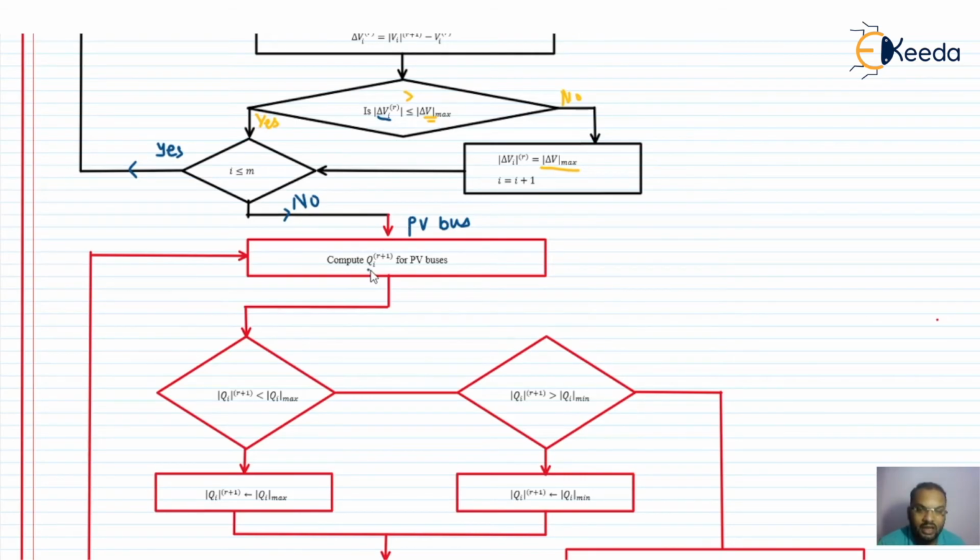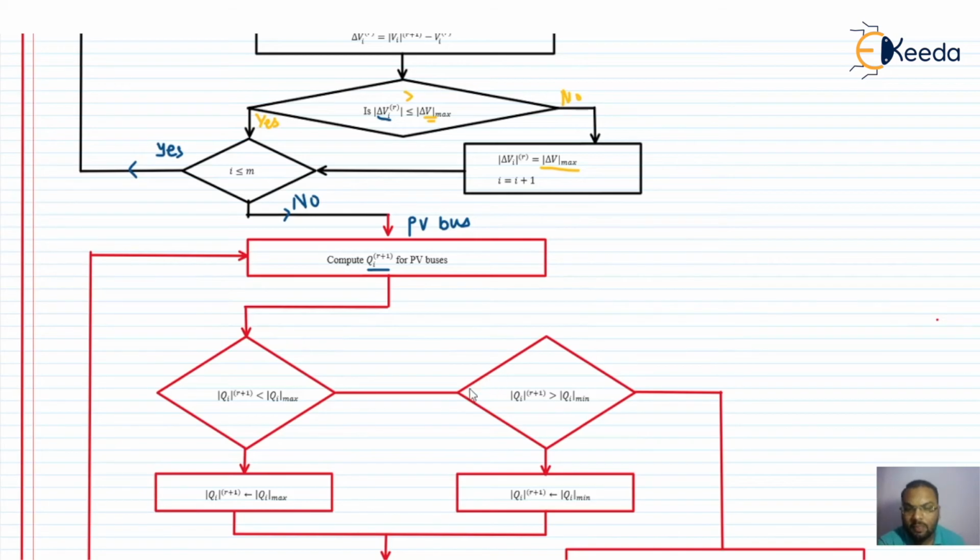Of course, reactive power. As I said, for a PV bus, reactive power is the constraint, because the connected generator has a limited capacity to supply reactive power. So you check the computed reactive power on the PV bus with this maximum and minimum limit.